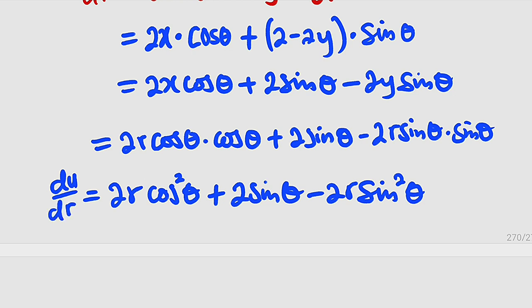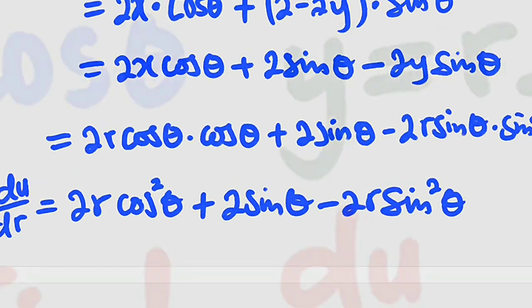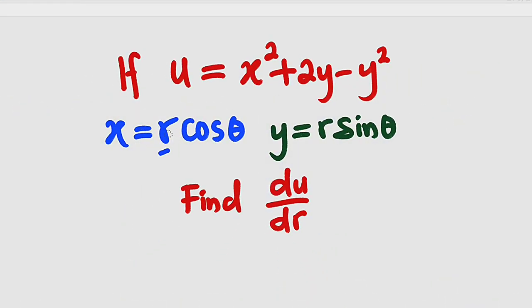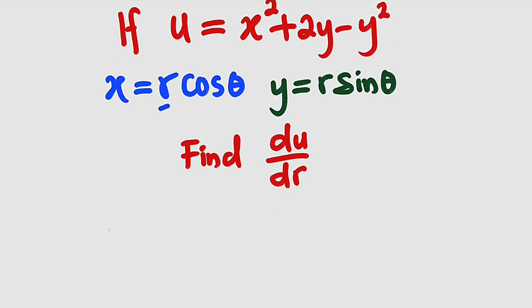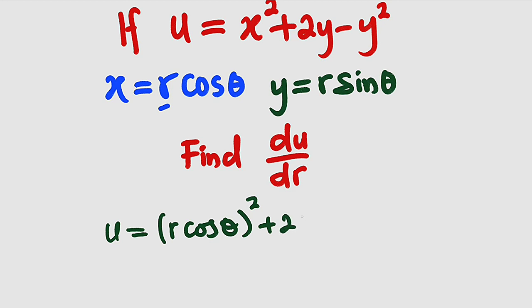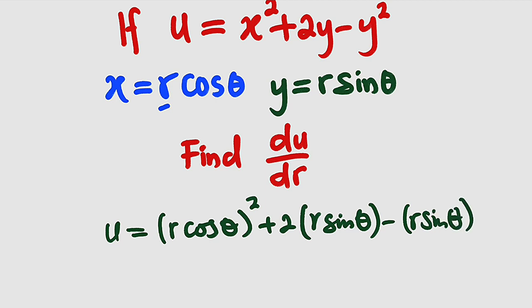But let me show you another method, by substitution. Since x is equal to r cos theta, we can simply plug it in. So u is now equal to x squared, which is r cos theta whole squared, plus 2 times y, which is r sine theta, minus y squared, which is r sine theta whole squared.